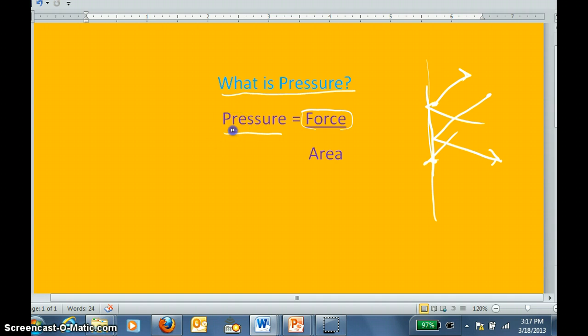And so the pressure of a gas is simply a ratio of the force that these moving particles have when they collide with each other, the walls of the container, etc., and the area of contact of that collision. And so therefore, the greater the force of the particles, the greater the pressure. But the bigger the surface area of the container, there's an inverse relationship, the less the pressure.